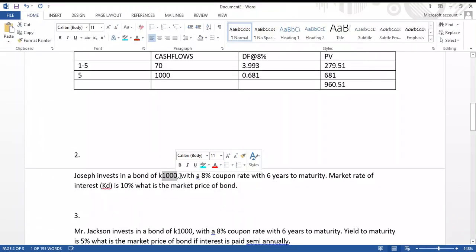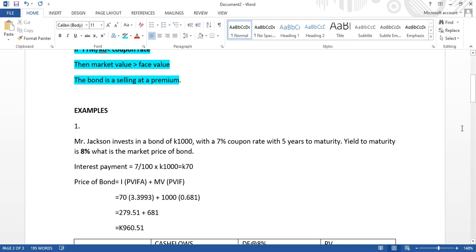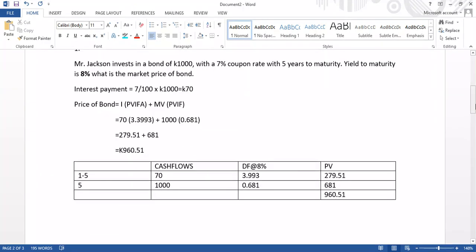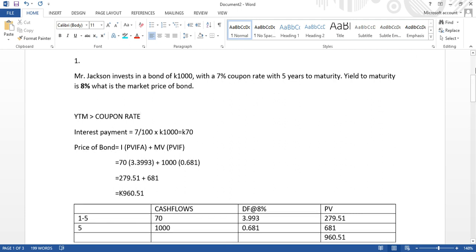All right. John invests in a bond of 1,000. This is our face value with a coupon rate of 8%. Oh, before we go further, I wanted to see if our bond is being sold at a discount or at a premium. So let's check. We have to compare. Is our yield to maturity greater than our coupon rate? Our yield to maturity is 8% and our coupon rate is 7%.